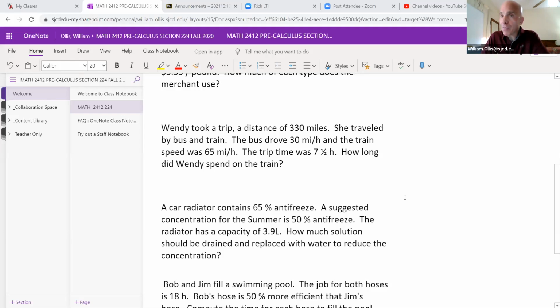So go ahead and think about that, and then we'll compare notes. And remember, D equals RT.